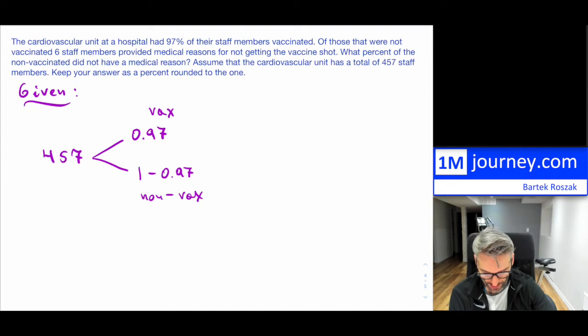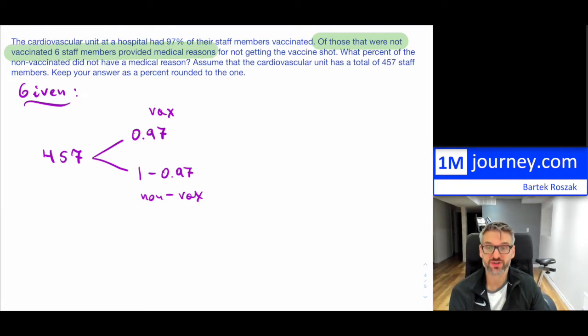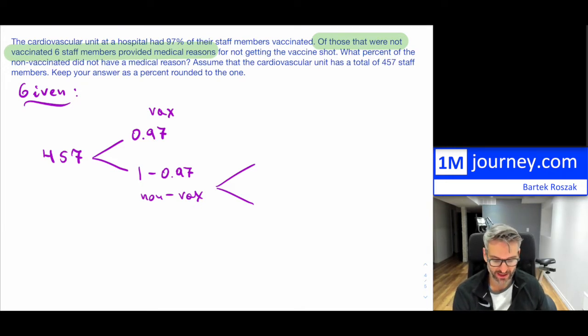It says, of those that were not vaccinated, 6 staff members provided medical reasons for not getting vaccinated. So I have to branch off from the non-vaccinated because that's what this is telling me. It says of those that are not vaccinated, 6 staff members provided medical reasons for not getting the vaccine shot.